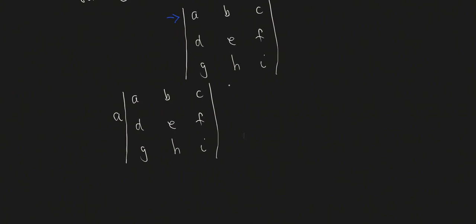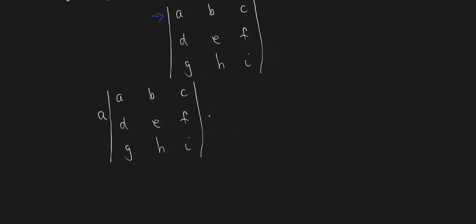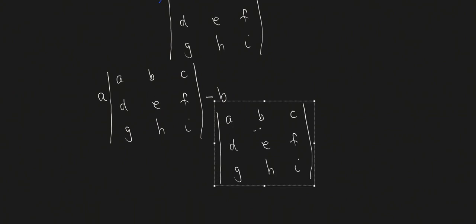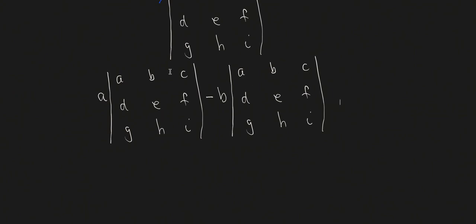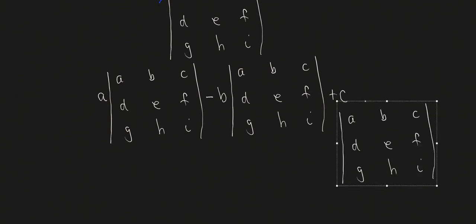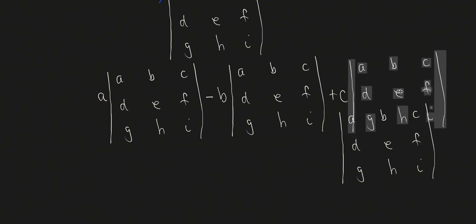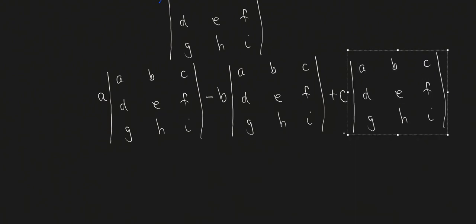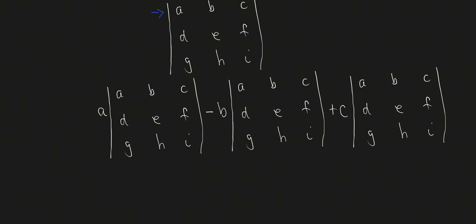So I have A times that, and then minus B times the same thing, and then plus C times the same thing. There we go.